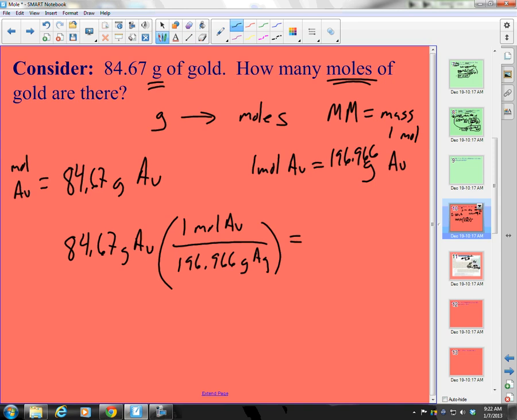I get 84.67 times 1 divided by 196.966, and I get 0.4299. How many sig figs? 4 sig figs here. What are my units? Moles of gold. Okay, there we go.